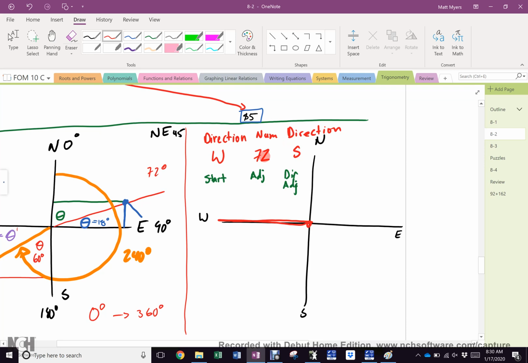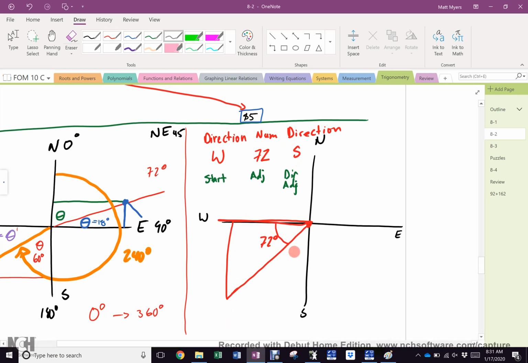No. I adjusted 72 degrees in which direction? South. Where's south? Down. So I adjusted 72 degrees south. Does everybody understand? And that makes this triangle that I could do trig with.